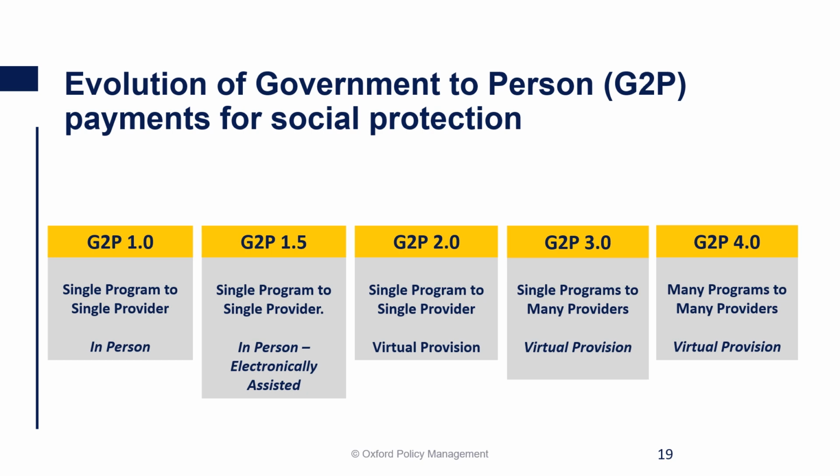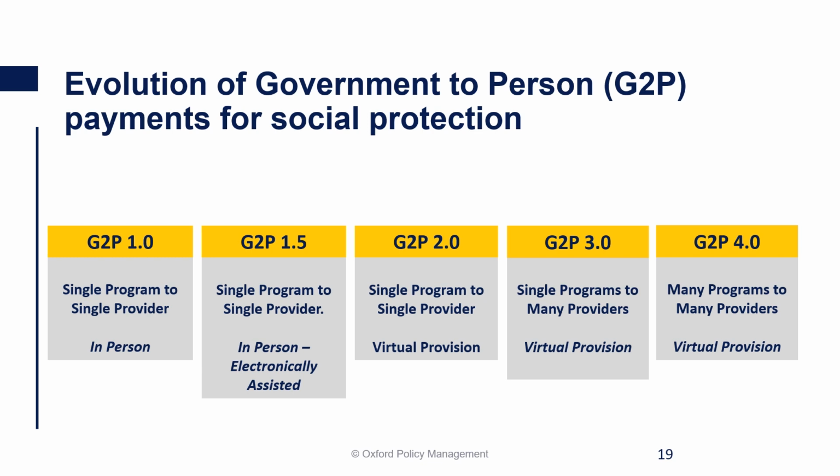In this format, beneficiaries queue in person to cash out, if possible, at an agent, at POS terminals, kiosks, and so on. In one of the next slides, you can see the key features of G2P 1.5 and G2P 1, which are given in detail.